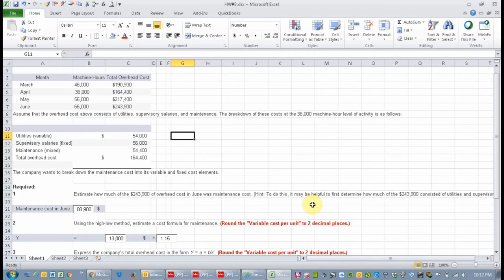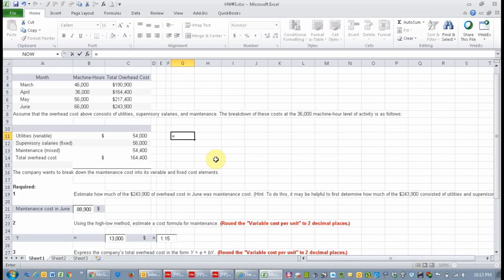Okay, so here, since you already have a breakdown at 36,000 hours, you can utilize this information to determine how much of the $243,900 is related to maintenance. So first, let's calculate the variable rate for utilities.